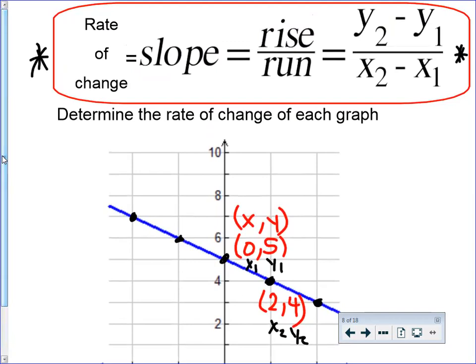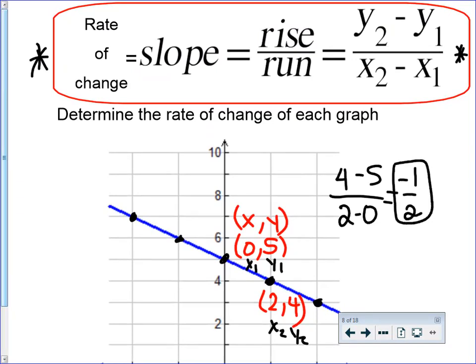So my y2 was 4, my y1 was 5, my x2 is 2, my x1 is 0. Make sure you label your coordinates. 4 minus 5 is -1. 2 minus 0 is 2. This does not simplify, making that -1/2 my rate of change, my slope.